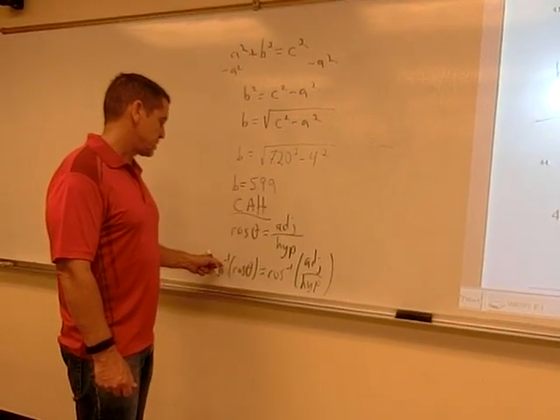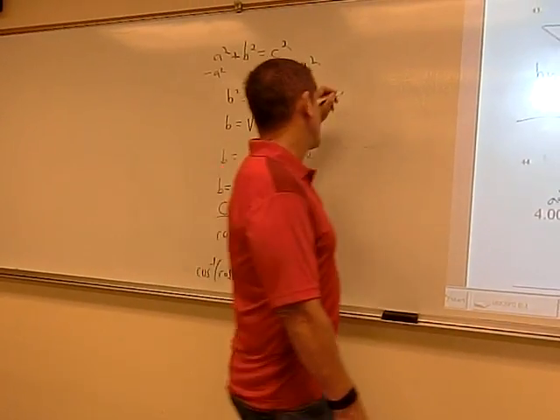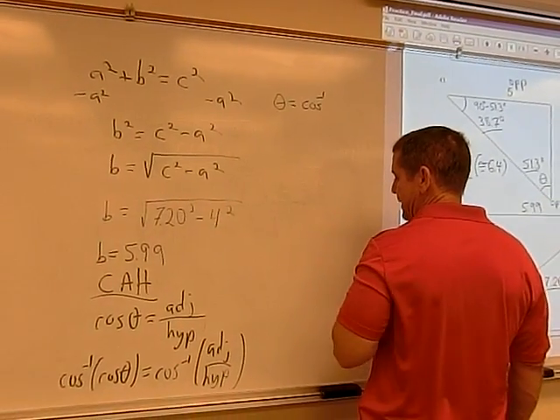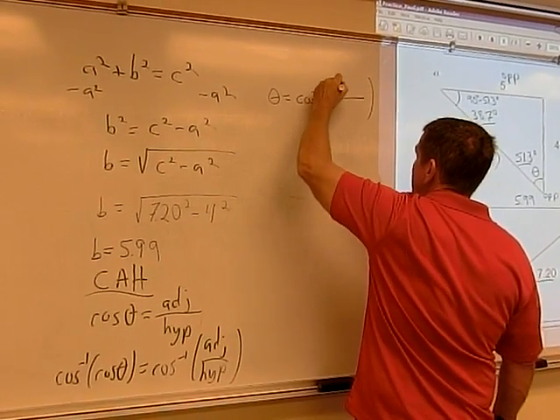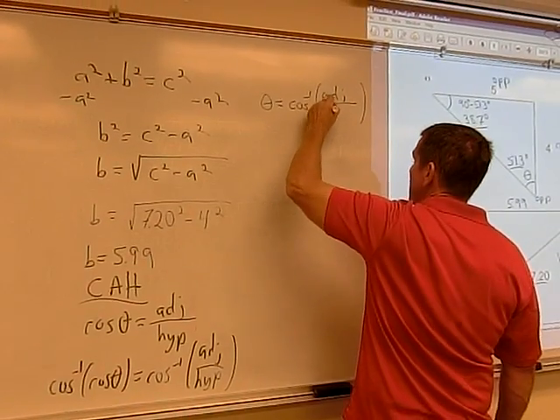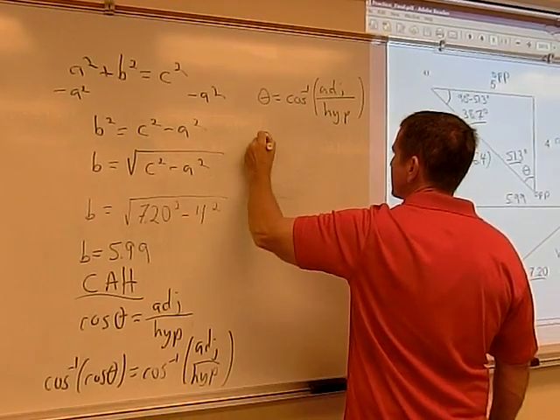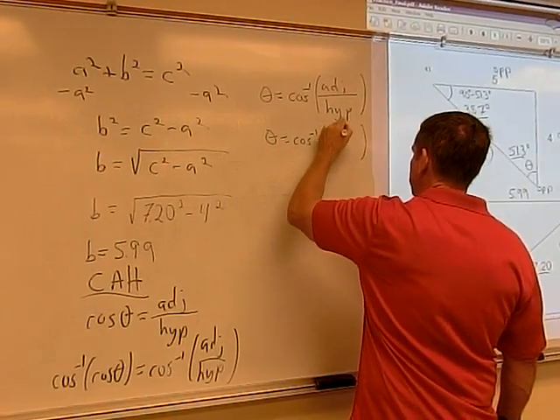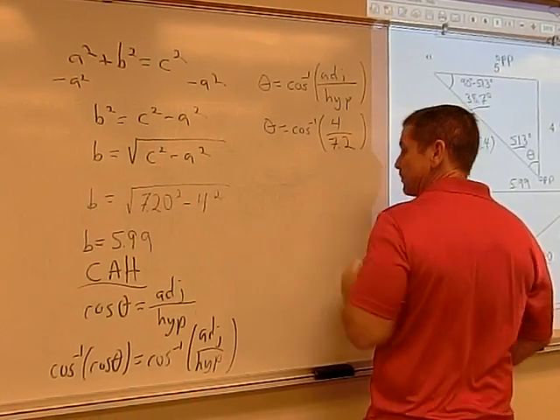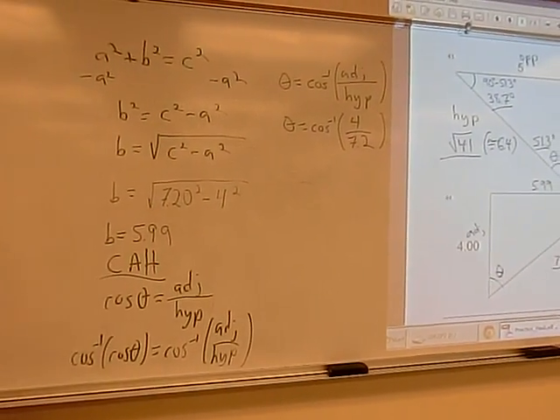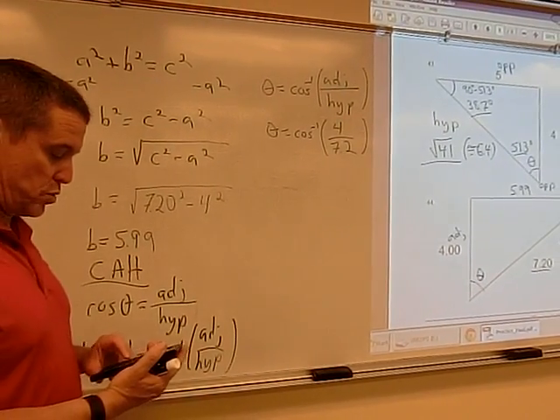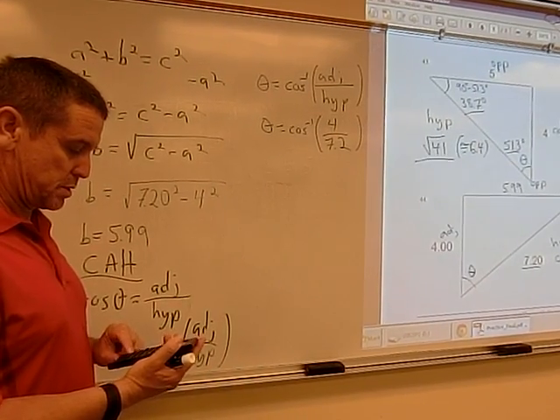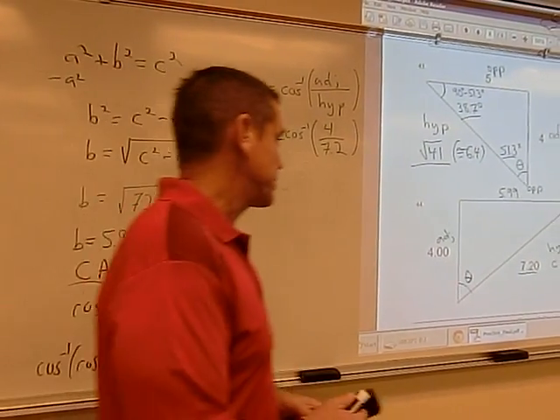The inverse cosine undoes the cosine, so on the left-hand side you just get theta. Theta is the inverse cosine of the adjacent over the hypotenuse. And so theta is equal to the inverse cosine of 4 over 7.2. On the calculator, we get 56.3 degrees.